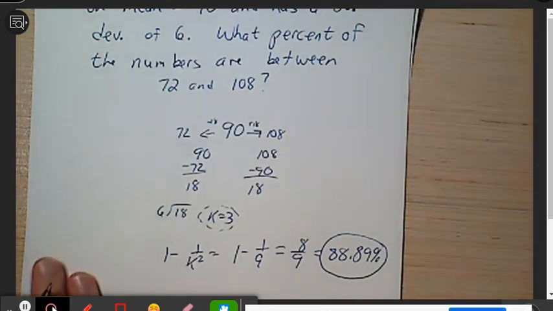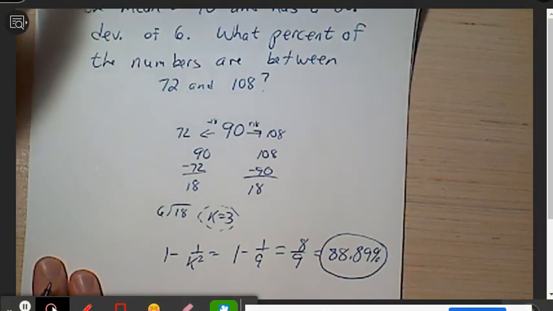All right, let me give you one more example with that one, and that will wrap up 10.3.